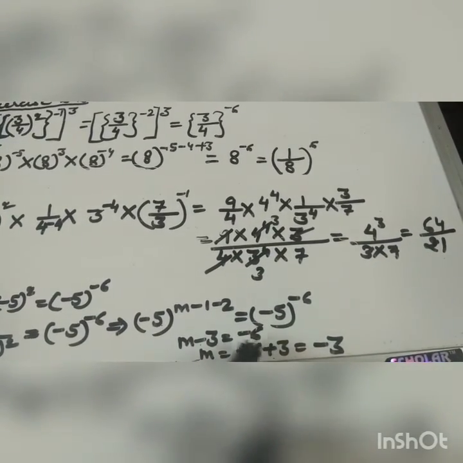Now solving it, bases are same, so make the bases same. You don't have to make it, it is automatically coming same. Therefore n minus 3 equals to minus 6, and minus 3 when it goes to the other side, minus 6 plus 3, so n will be equal to minus 3 is your final solution or the answer.